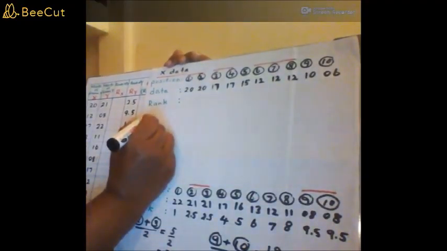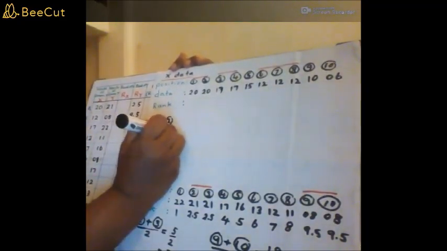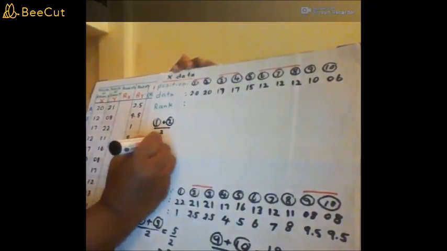Now we have to find the ranks. 20, 20. There are 2 values here, so what you have to do is 1 plus 2, divided by 2. 3 divided by 2, that is 1.5.